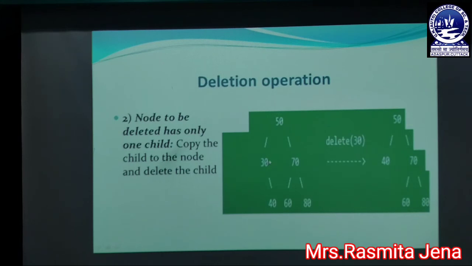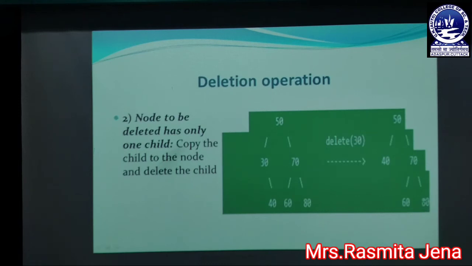Okay. Suppose we want to delete 30. So, 30 is to be deleted. After deleting 30, you can see 40 is moved to its parent node. That means 40 becomes the left subtree node of 50, and the right subtree of the node remains as usual. That is, 70, which is greater than 50, is present at the right subtree, and at 70, 60 is present at the left subtree and 80 is present at the right subtree.